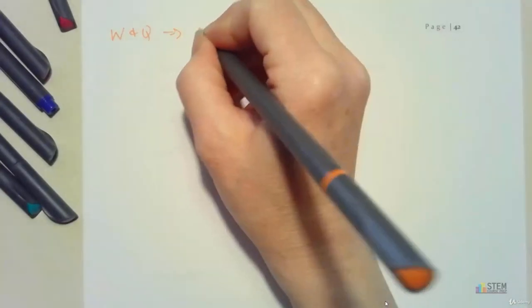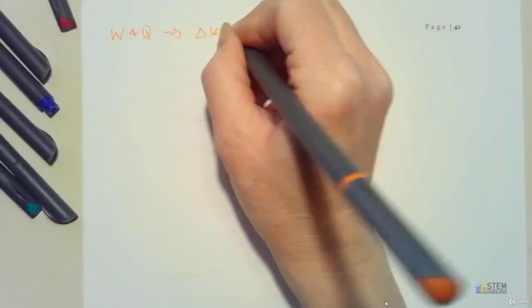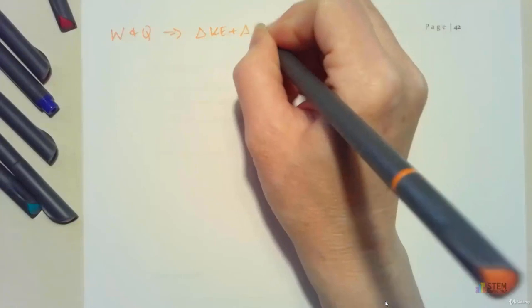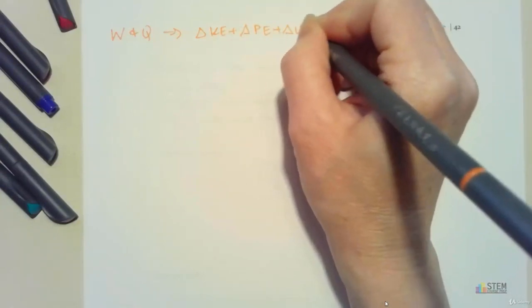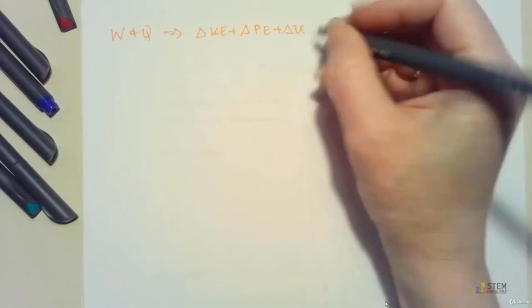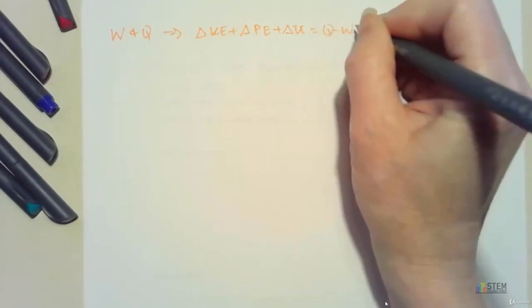The energy balance equation. Hopefully you said it with me. Energy balance. That's the one you want to go back to. When in doubt, go to energy balance. And that equation is delta KE plus delta PE plus delta capital U equals Q minus W.